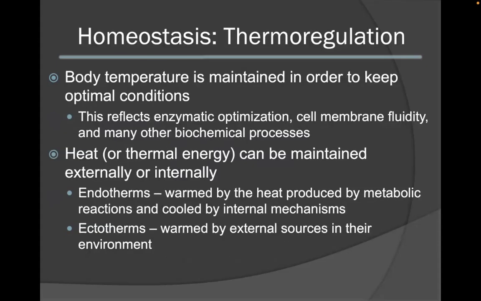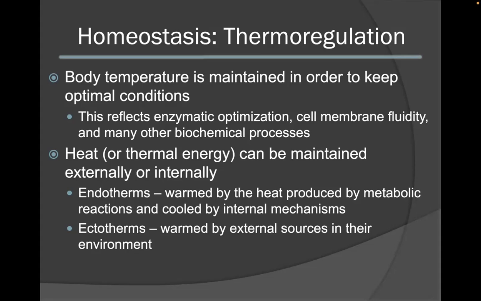Thermal regulation is an important part of maintaining homeostasis. In thermal regulation, body temperature is maintained in order to keep the optimal conditions for tissue and cell functioning. This also reflects enzymatic optimization, cell membrane fluidity, as well as many other biochemical processes.